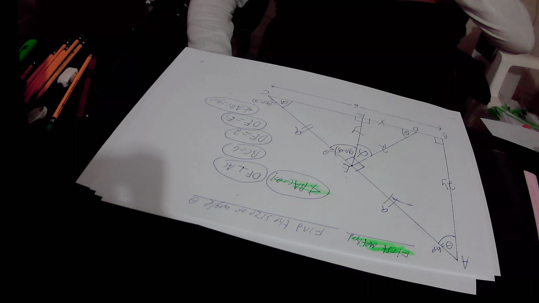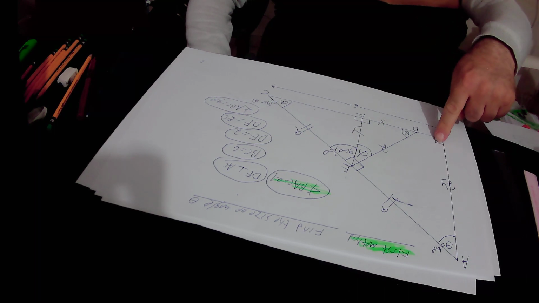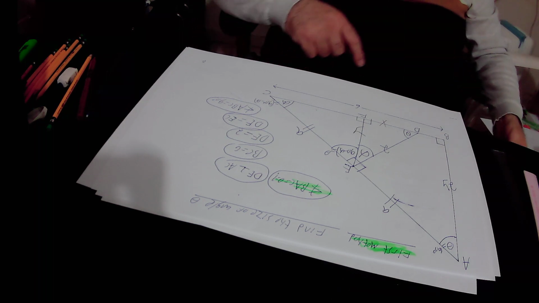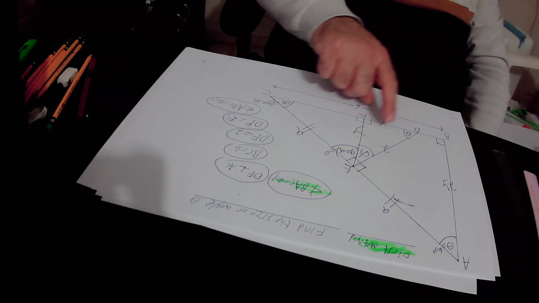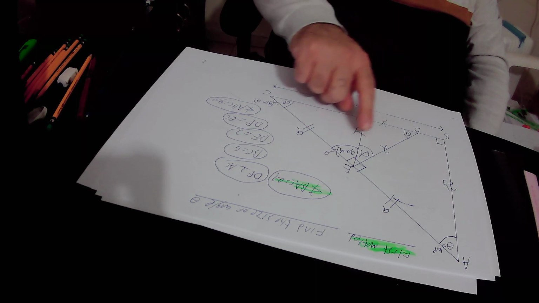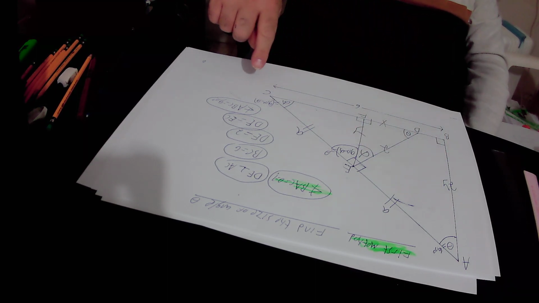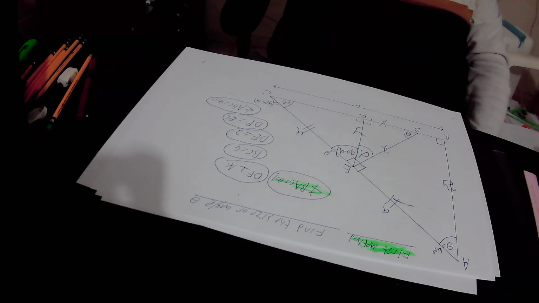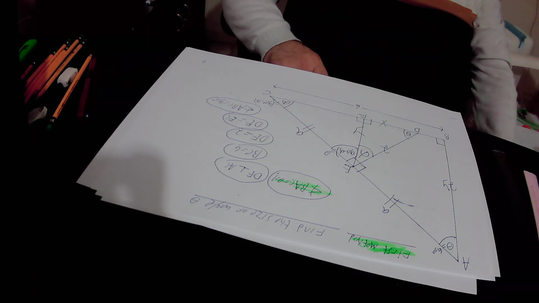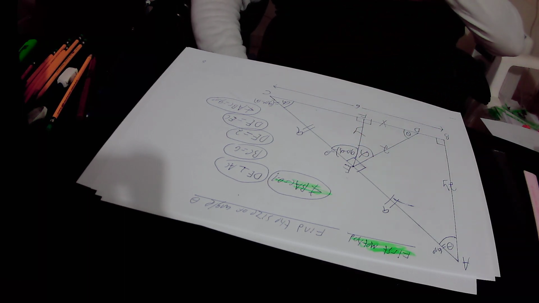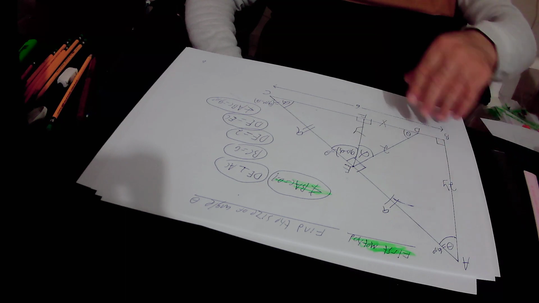We know that angle ABC equals 90 degrees. We also know that side DE equals 2 units, and side DE is perpendicular to AC, that is to say this angle equals 90 degrees, and this angle also equals 90 degrees. And we know that AE equals EC, and we want to find the value of angle theta.